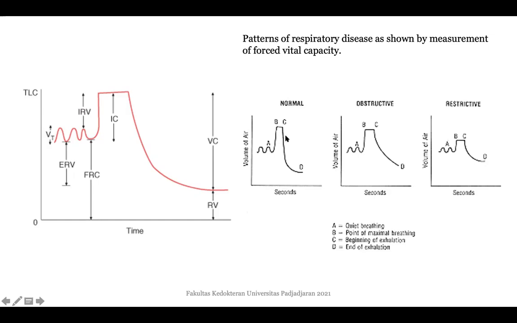They hold at this point, and then they're told to breathe out, push out that air as fast as you can. After 1 second, 80% of their volume is forced out, so they have just a little bit of air left. So their forced vital capacity is normal, and FEV1 is also normal.